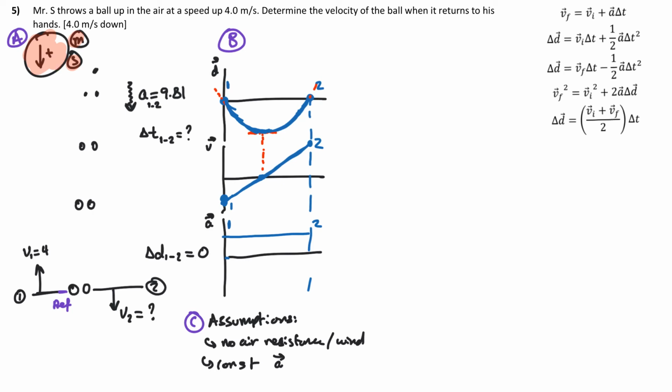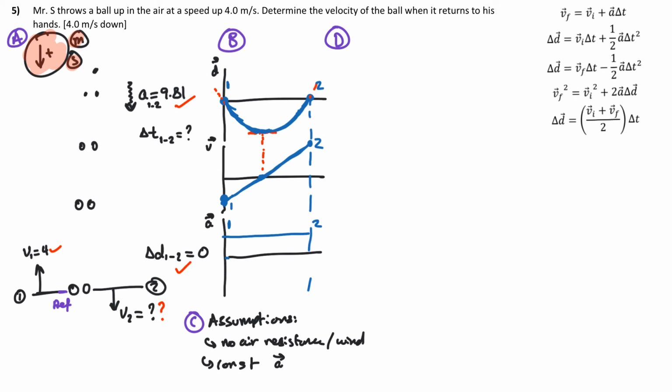Okay, good. Part D is going to be using mathematical representation, and let's see what information we have. We have the displacement, the initial velocity, the acceleration, and what we want to find is the final velocity. What we don't have is time, so I'm going to look at the equations.